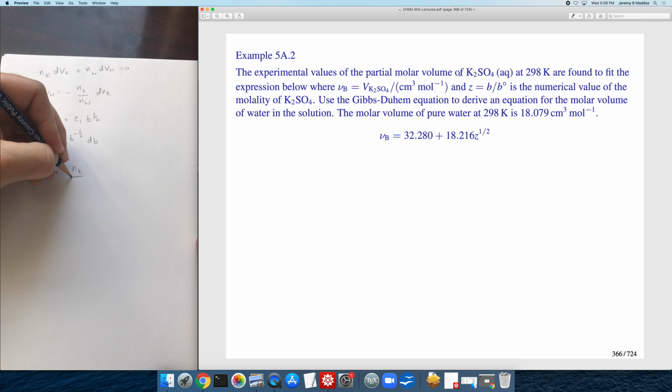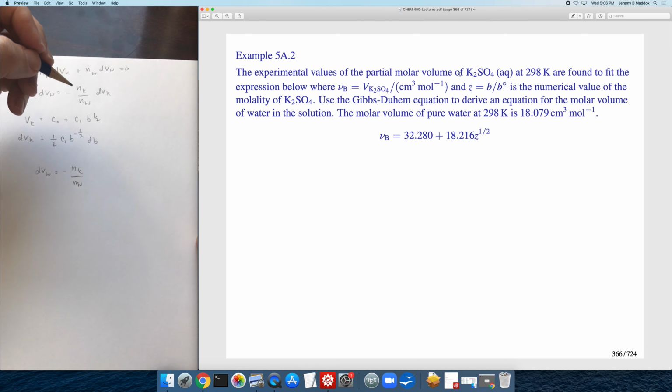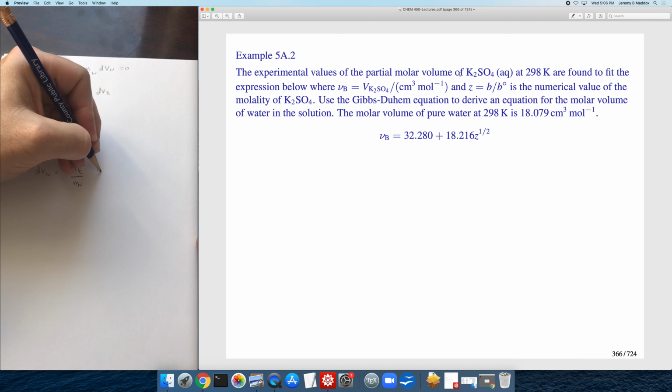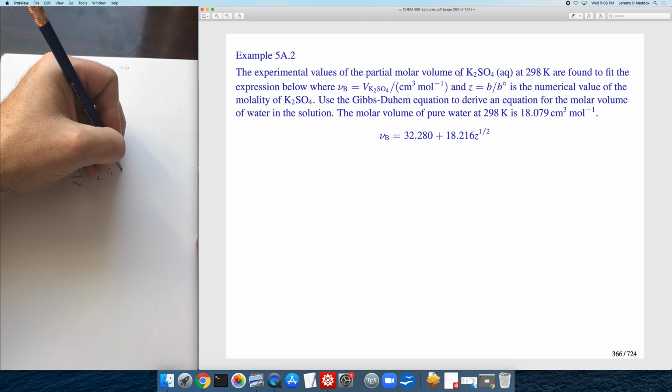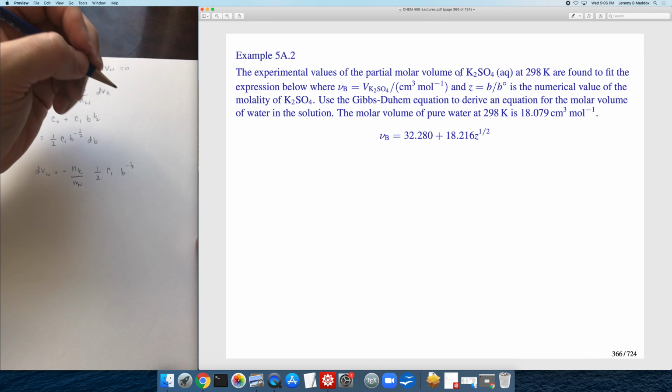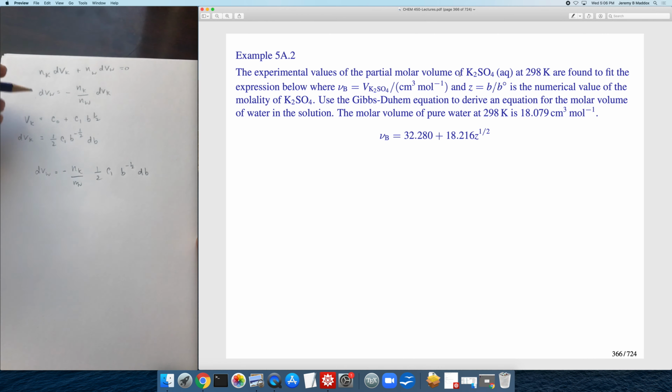And then we're going to do a little bit of work on the concentration units. So I'll just go ahead and plug all this stuff in. We've got -1/2 C1 B to the -1/2 dB. And before we do any integration, what I want to point out is that there's a molality unit hiding here in the coefficients.